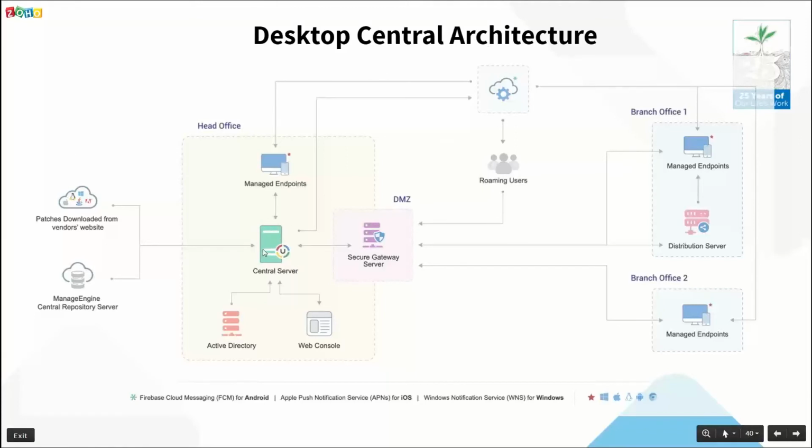You can have the Desktop Central server behind your firewall, and you can place the secure gateway server behind your DMZ. Then all the connections will pass through the secure gateway server, and this secure gateway server will validate the communication coming from the agent, and then reroute it to the Desktop Central server.